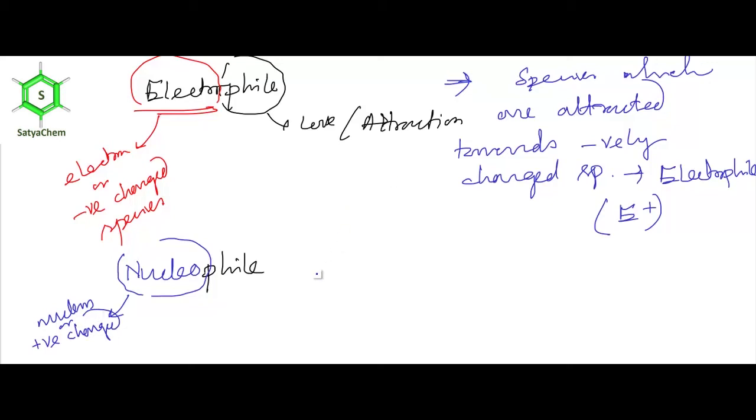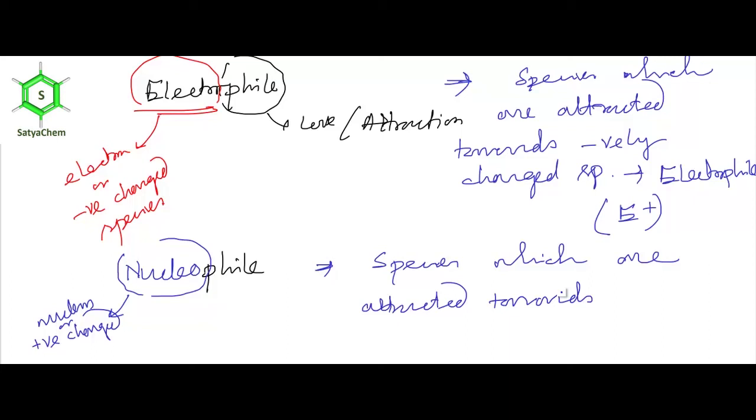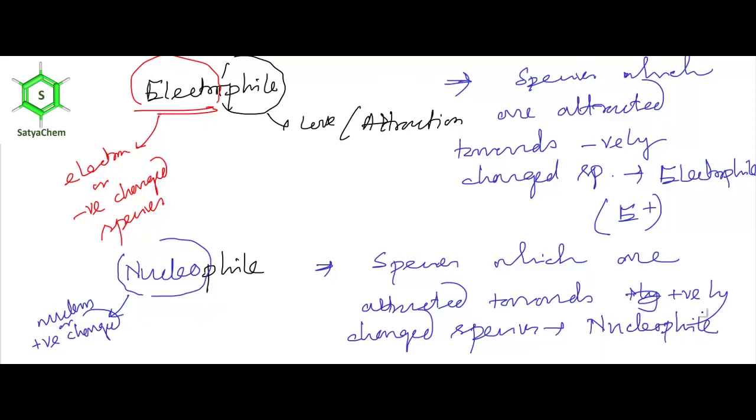So species which are attracted towards positively charged species are called nucleophiles. Usually we indicate nucleophile by Nu minus.